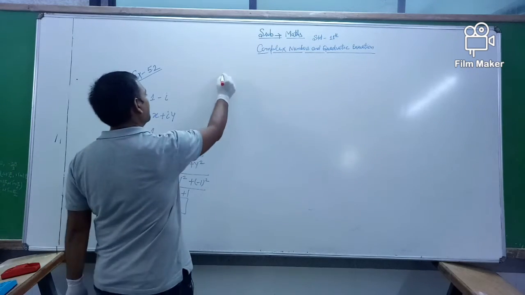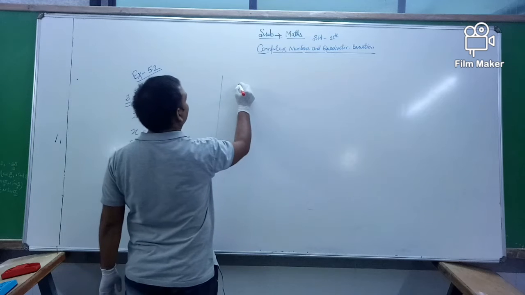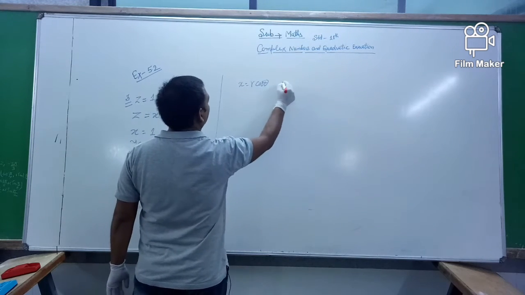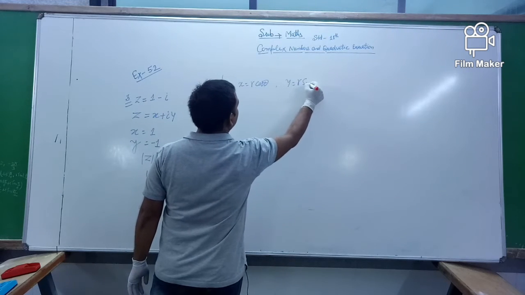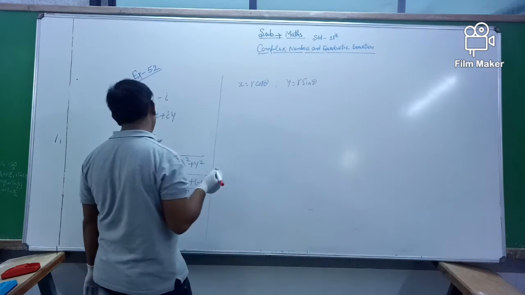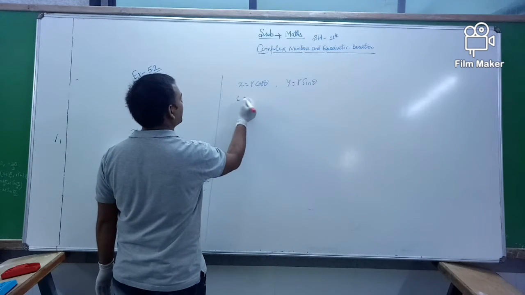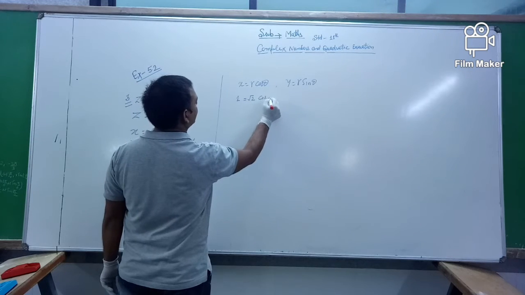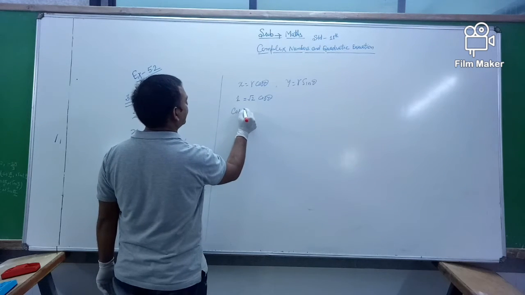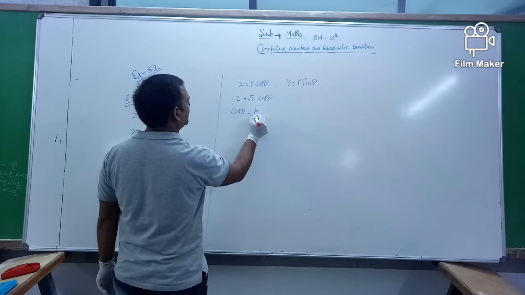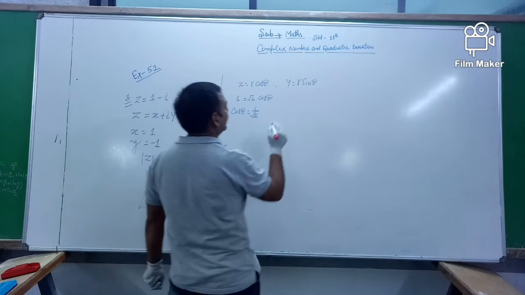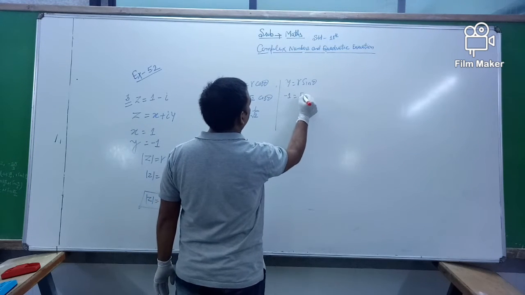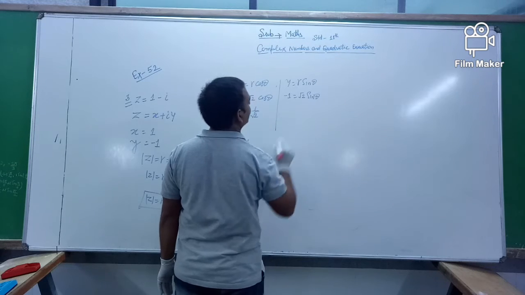After that, in the case of the polar form, x is equal to r cos theta and y is equal to r sin theta. Then x is given, 1 is equal to r, that is under root 2, cos theta. So cos theta is equal to 1 by root 2, and similarly y is minus 1 is equal to under root 2 sin theta.